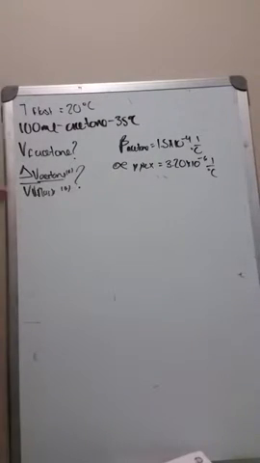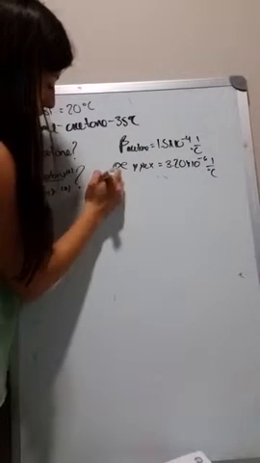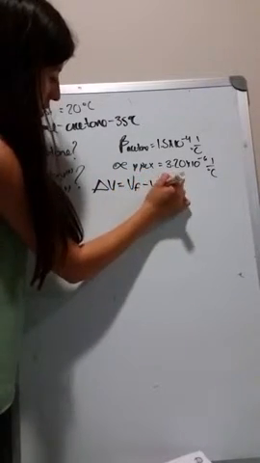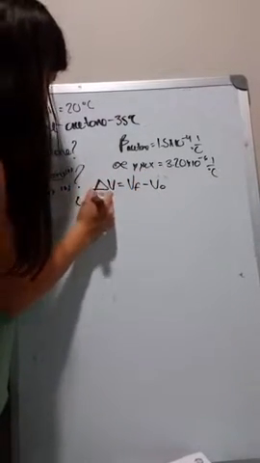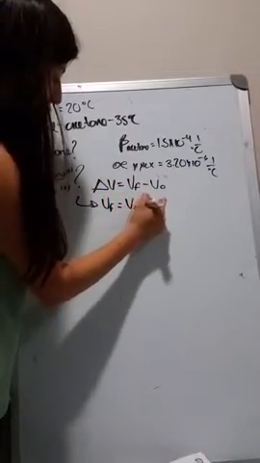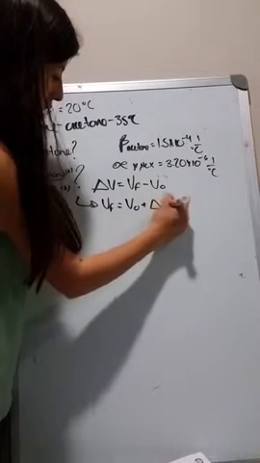So we know that the change in volume is going to be the final volume minus the initial volume. So for this equation we can solve that. Final volume is going to be initial volume plus delta volume.